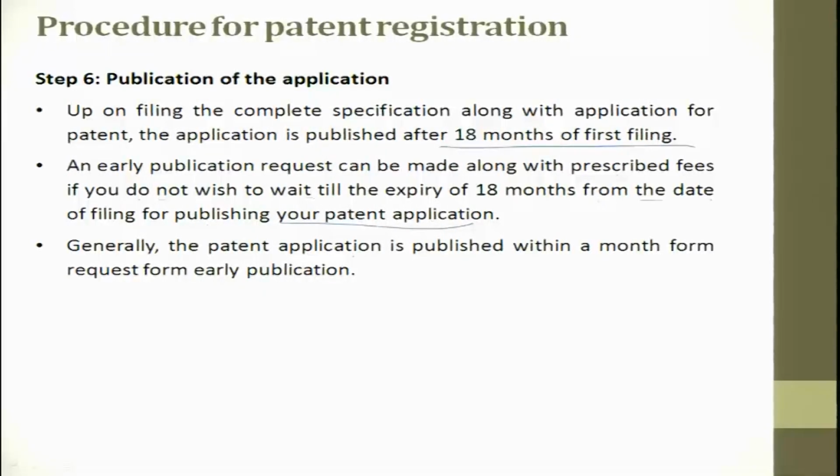Generally, the patent application is published within a month from the request for early publication. So, here what we do is we put it in the public domain. If you want to speed up, you have to pay more money and give some justification.